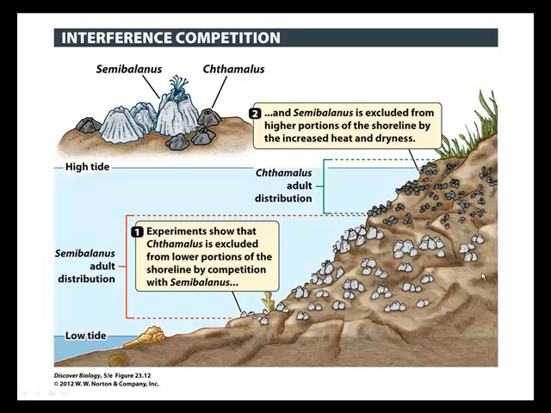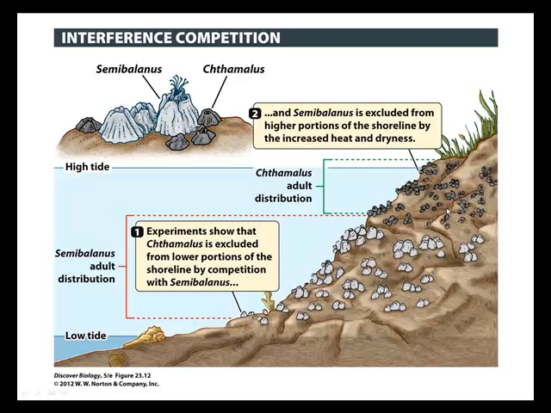These are both barnacles, so the niche overlap is pretty high. They live in the same area, they eat the same foods, they're physiologically similar to one another. In this case, bigger is better, so the larger ones are able to outcompete the smaller species. When the juveniles randomly settle out in these lower portions, they're outcompeted and they die.